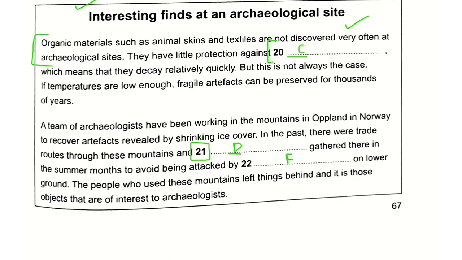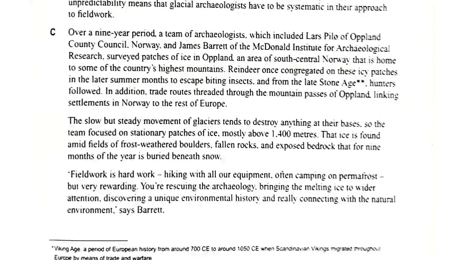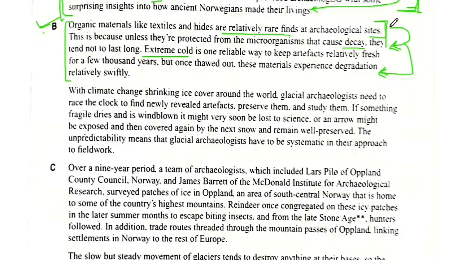So once I have completely solved the questions, I will look for the next question in the question types which are in order, and then I will move to the next paragraph, that is paragraph B. After reading paragraph B, I will try to solve the questions which are not in order, then I will try to solve the questions which are in order.